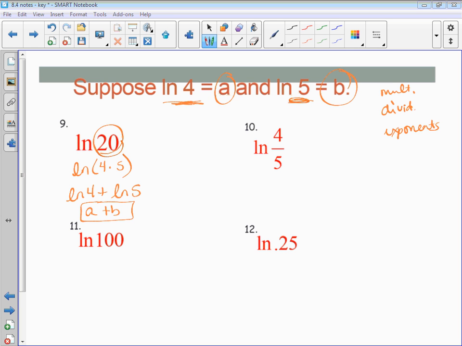Why is what? Okay, because it's not the natural log of 4 divided by the natural log of 5. Yes.